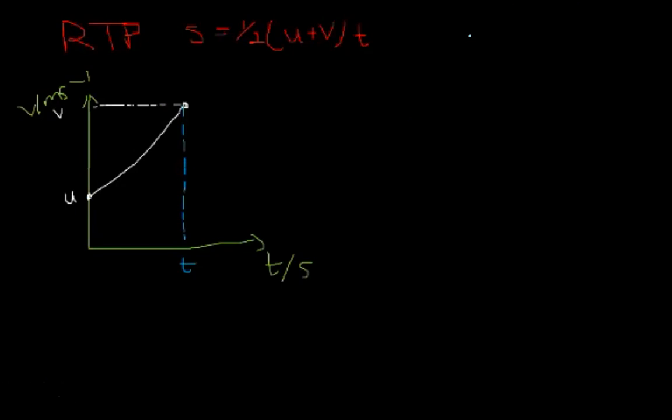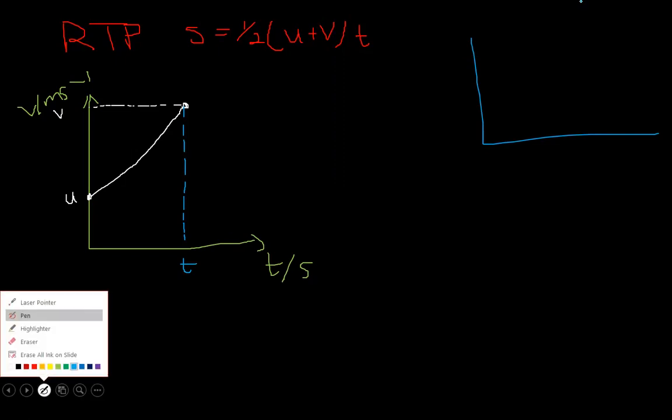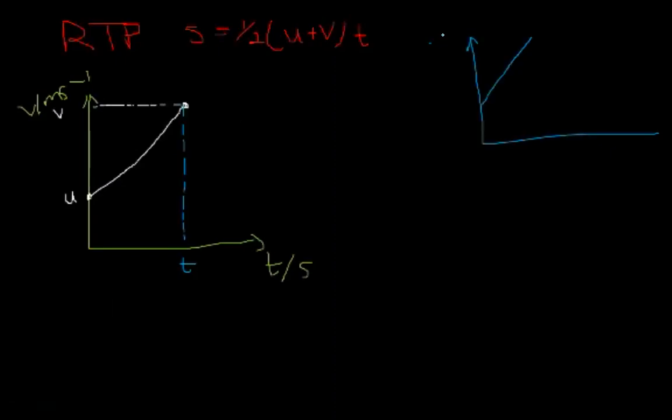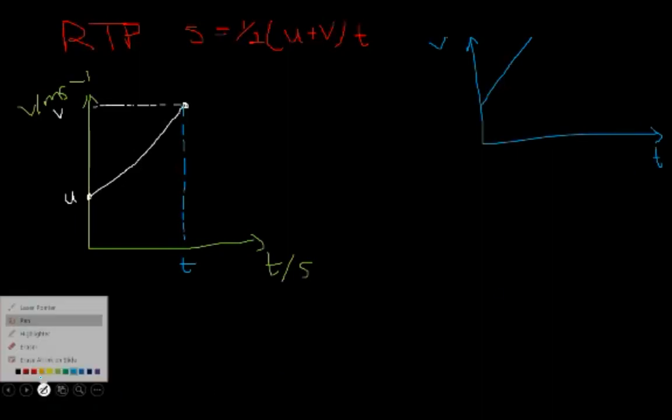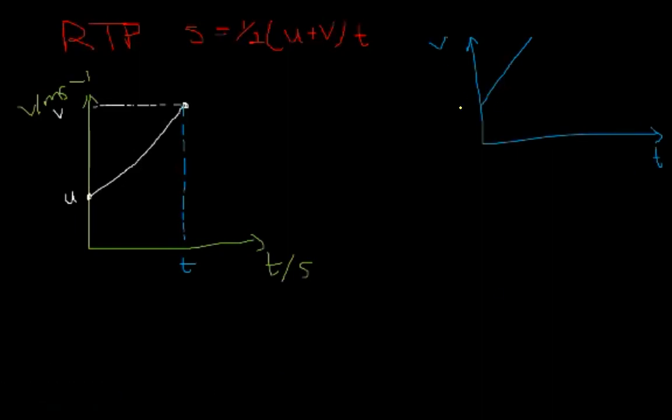So let me just use some numbers just in case you're not understanding what's going on. Let me continue. So this is what my graph looks like. Let's say they actually told me, so I'm using numbers here, right?